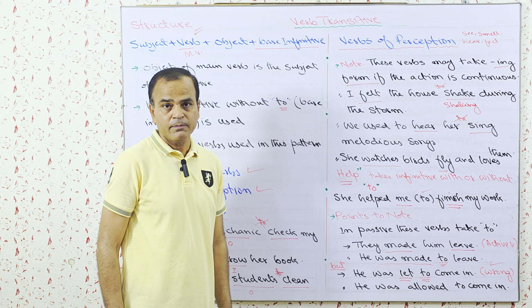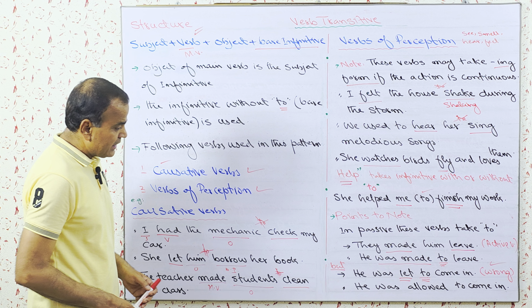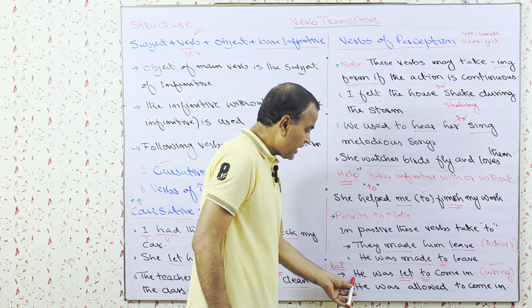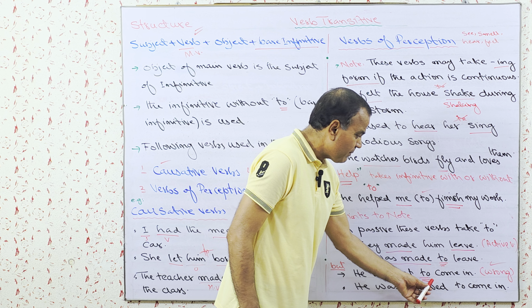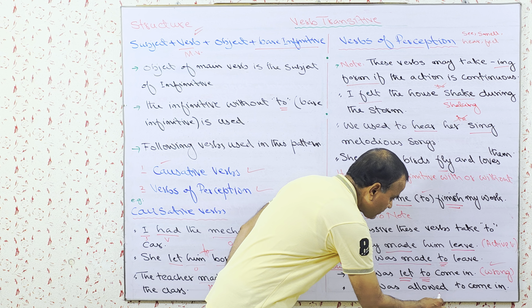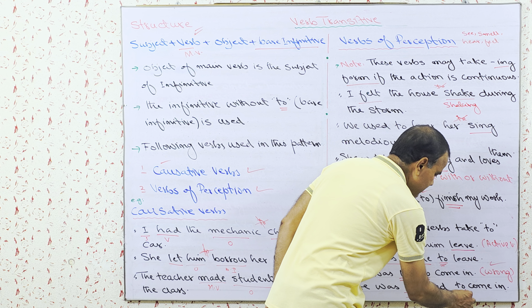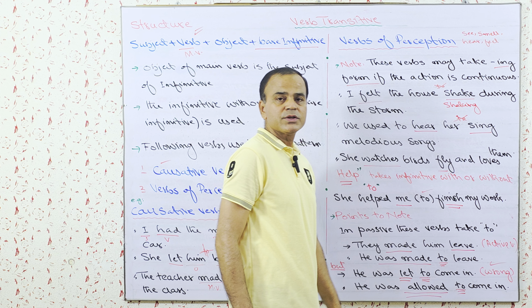But when the case of let is there, we will replace the whole word and put a new word in place of it. So instead of saying "He was let to come in," which is wrong, I would say he was allowed. Again, I will use allowed. Then in that case, I can put to before it.